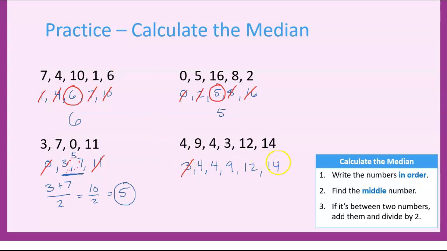We'll cross out first and last, and now we need to find the number in between 4 and 9. So we can take 4 plus 9 divided by 2 to find what number is in between them. 13 over 2 is going to be 6.5. So 6.5 is our median in this case. That's how we find it if we have an even number of data points.